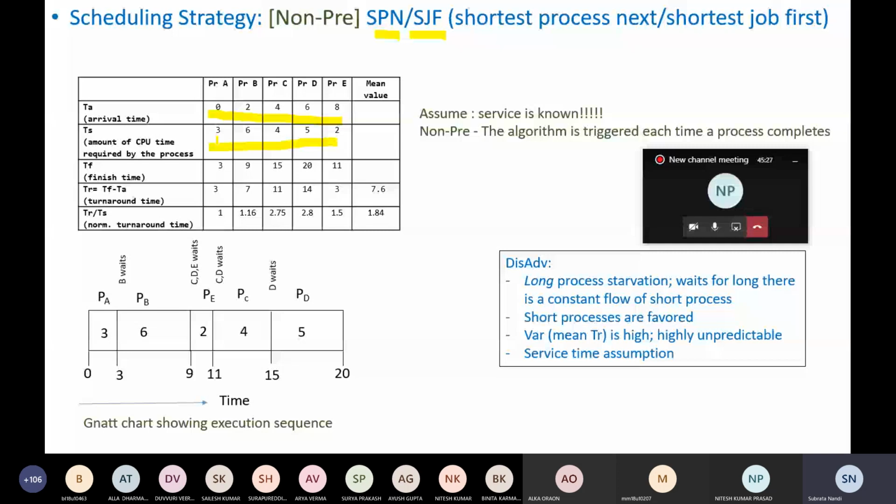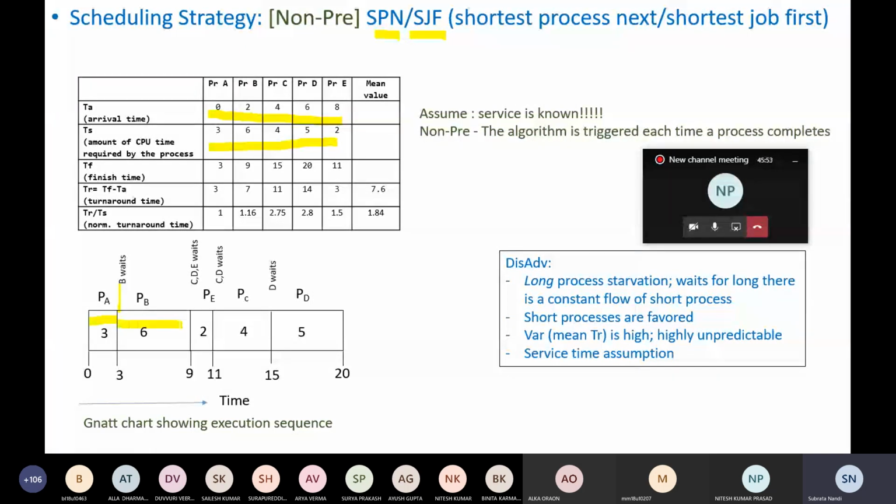If I again draw the Gantt chart here, at t equals 0 only PA is there, so PA gets scheduled, and because it is non-preemptive, it continues till completion. At this point only B is there, so B gets scheduled and completes till this point.